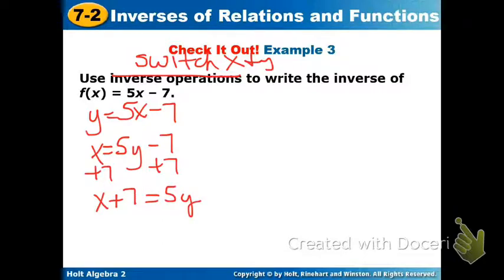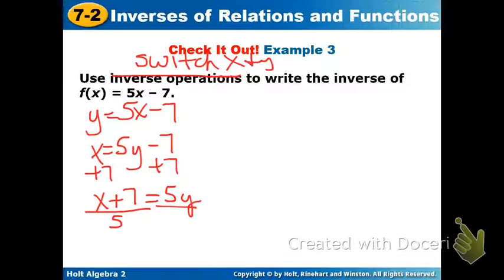All right. Okay, so you have 5 times y. So how are we going to get rid of the 5? We divide. Now, if I'm dividing by 5 on the right-hand side and I come over to the left-hand side, I have to divide it into every single term that is there. So I have to divide it into the x and into the 7.